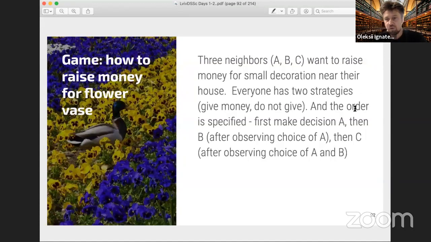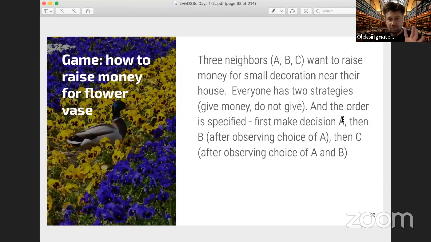And the order of decision making is specified beforehand. First, A makes a decision: he comes from work and puts some money in the box. Then B comes after that, and he can observe the decision of A and add some money or not. And then C comes last, and he can also observe the choices of A and B and add money or not.